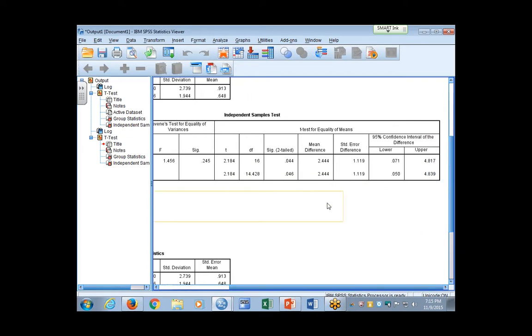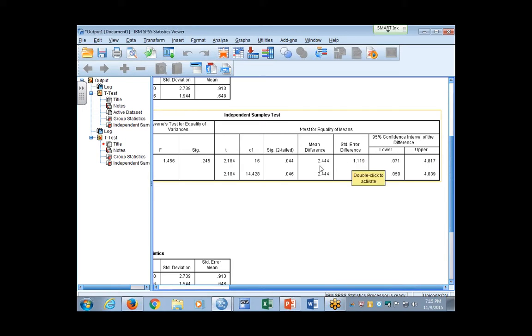So what does SPSS do? SPSS, number one, calculates a standard error of the difference, right? And it calculates the standard error for a two-sample t-test the same way we just did it, by pooling the standard deviations. And what did it find the standard error was? 1.119. Isn't that the number we just got for standard error when we went through those two calculations?